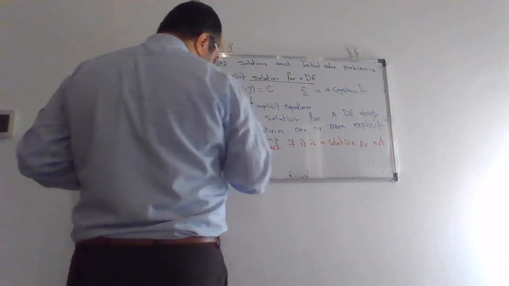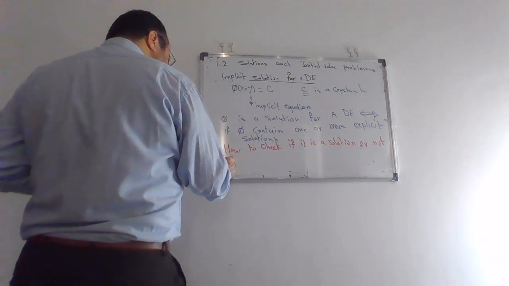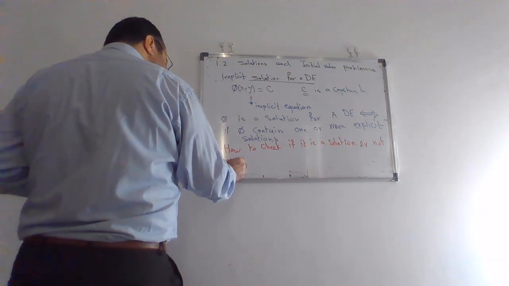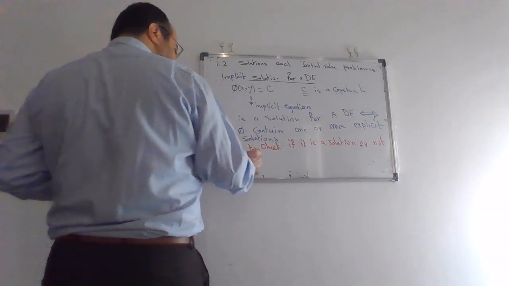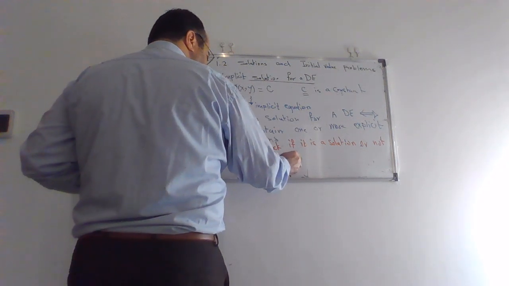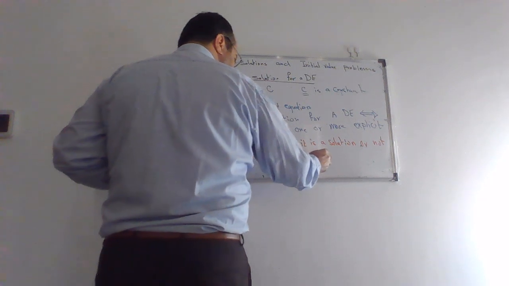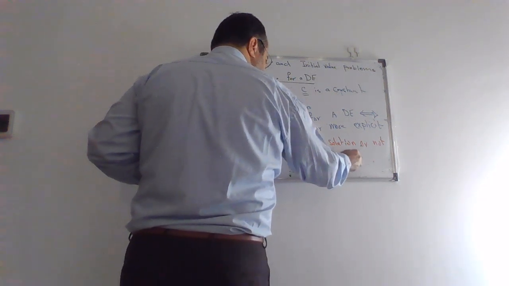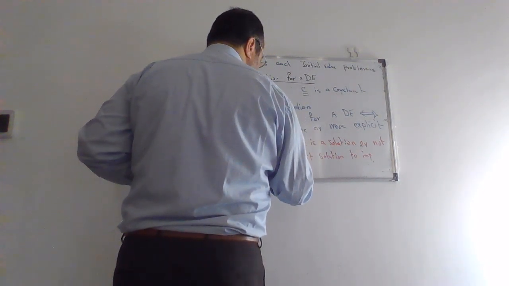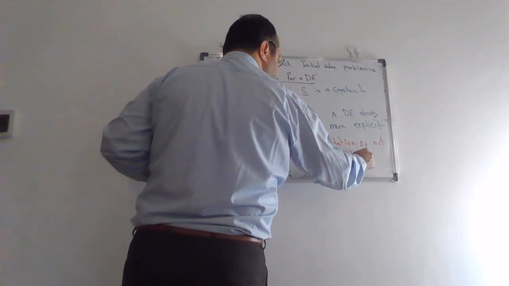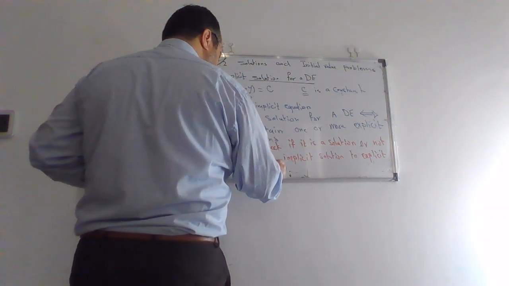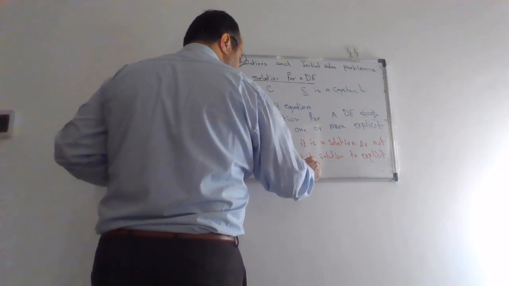I'm going to say there are two methods. Number one: step one, change the implicit solution to an explicit solution, if possible.